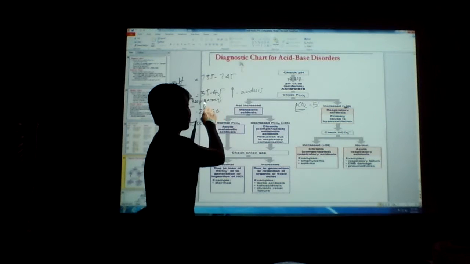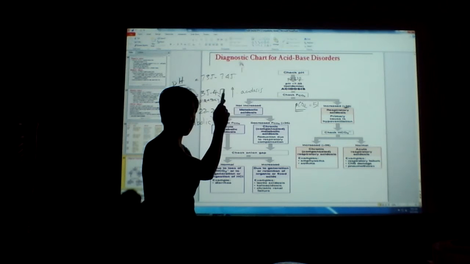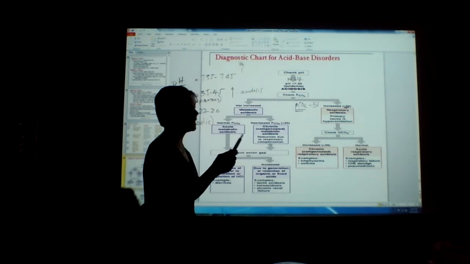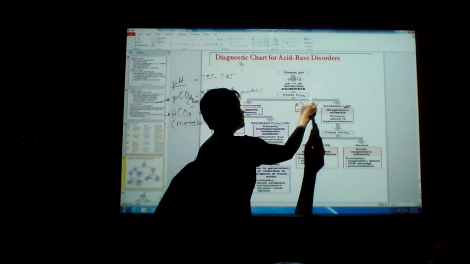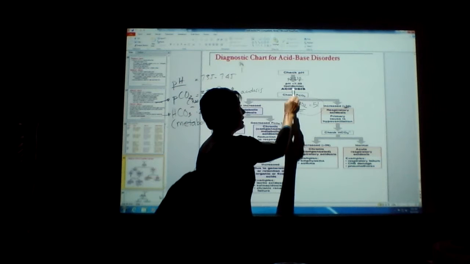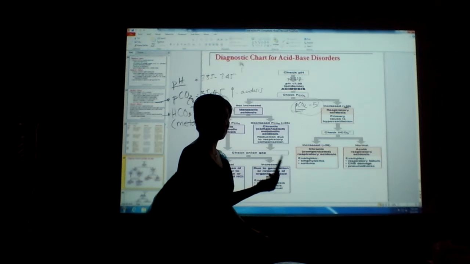The higher the carbon dioxide, the more tendency to go into acidosis. Because the PCO2 of this individual is high and the pH shows acidosis, I'm going to say that the condition of this individual is respiratory acidosis. You understand this part so far?